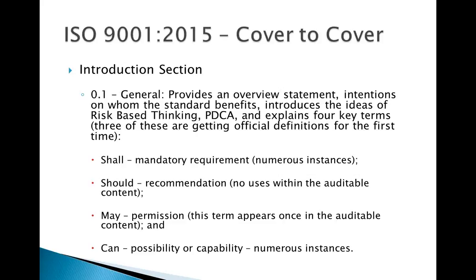And then we have may and can. May represents permission. That term appears once within the auditable content, and then can represents a possibility or capability, and there's numerous instances there. Typically with can, it's intended to provide clarification on what is meant by a particular requirement. This can include, for example.